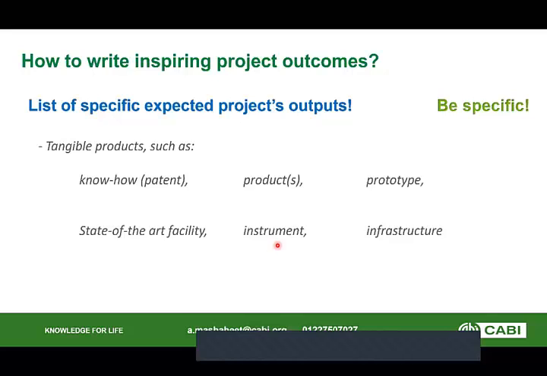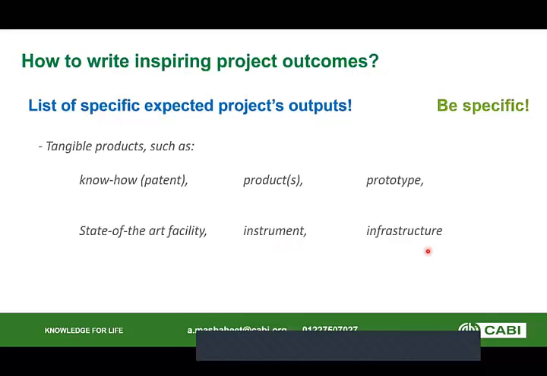The instruments: if you're going to buy an instrument through your project, and this instrument is not available to you and your colleagues at your institution, making that instrument available, even if you're not going to invent it, even if you're just going to buy it, is very important too. So it is significant enough for you to list.